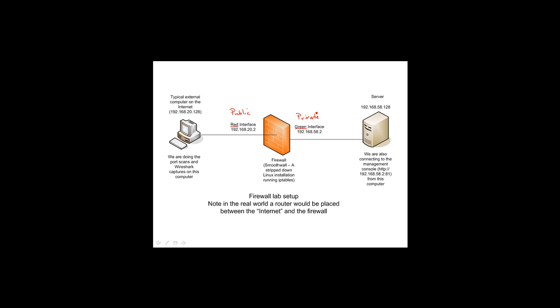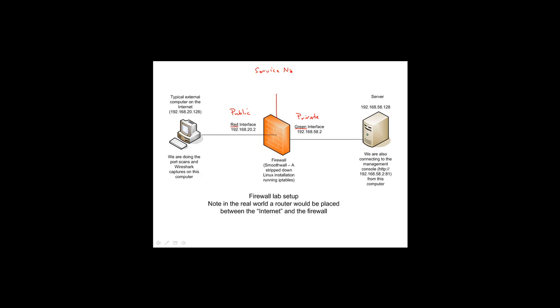That would represent what we refer to as either a service network. A lot of books refer to this as the DMZ, the demilitarized zone. I don't really like that terminology myself. I think it's not very descriptive.